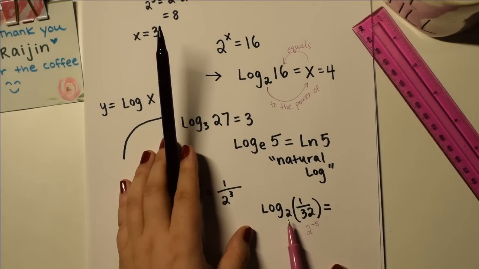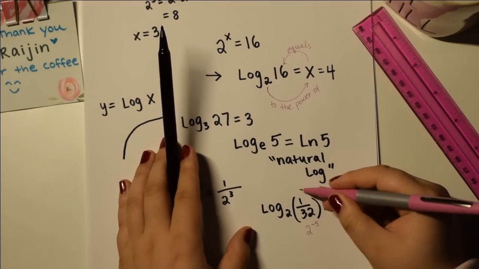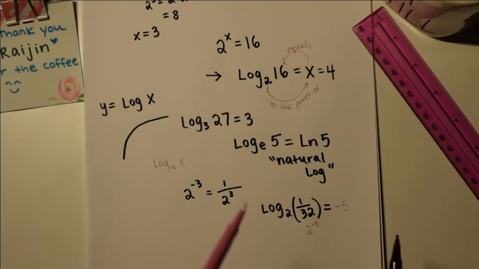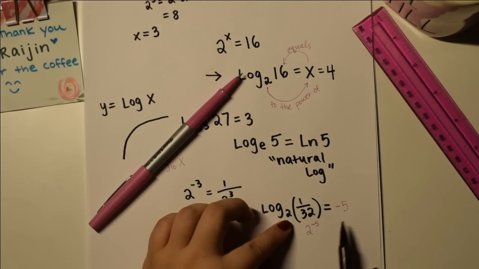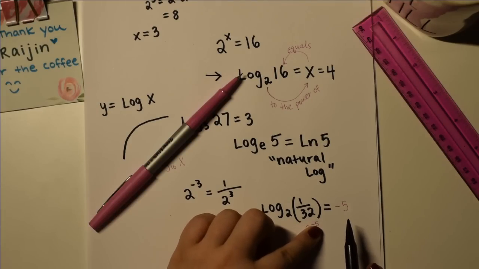So that means 2 to the power of -5 gives me 1/32. Either you line it up this way and recognize 2 to the -5 equals 1/32 by rewriting this as 2 to the -5.